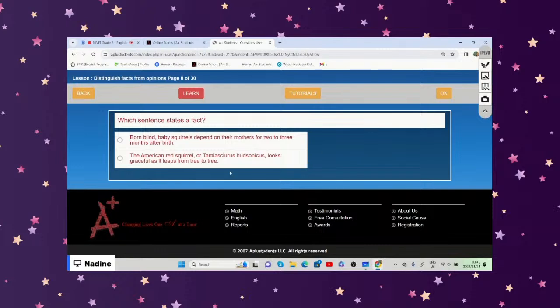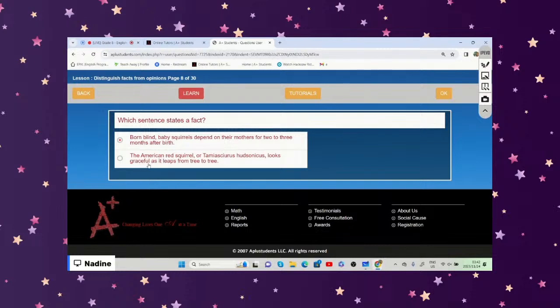So if we choose the correct one, they say which sentence states a fact. Born blind, baby squirrels depend on their mothers for 2 or 3 months after birth. Let's go with this one.